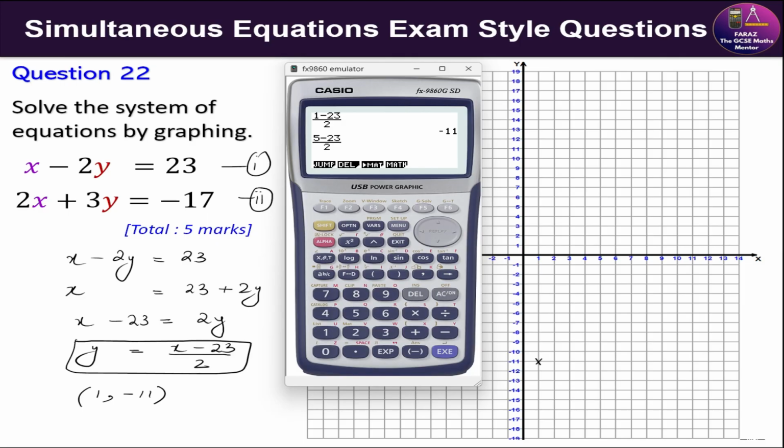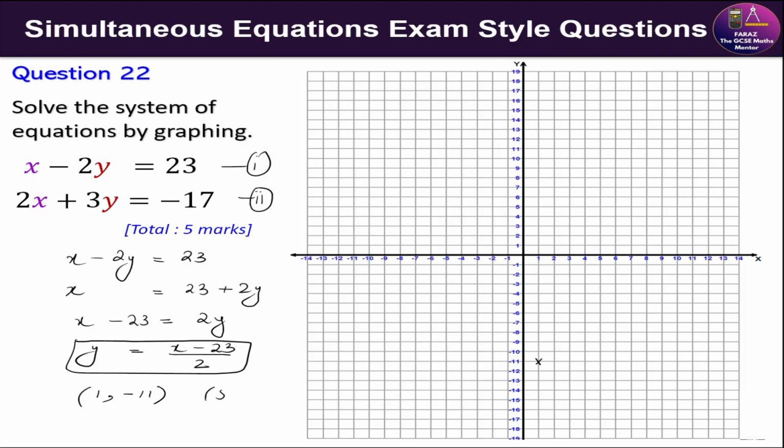You can choose 6 as well, or 7 as well. We are just calculating the coordinates. The first coordinate is 1 comma negative 11, and at x equals 5, it will give me negative 9. So the second is 5 comma negative 9. Where is 5 comma negative 9? It is there.